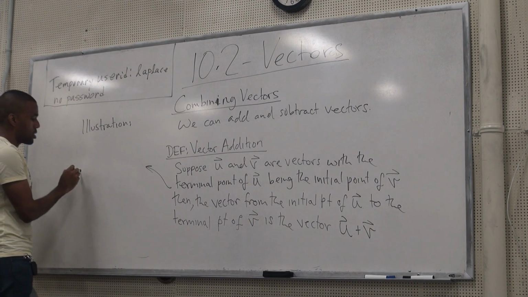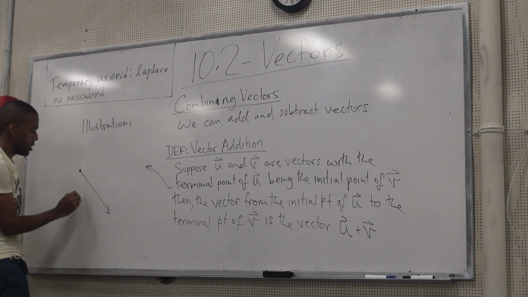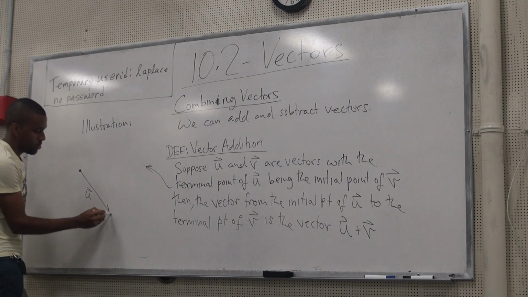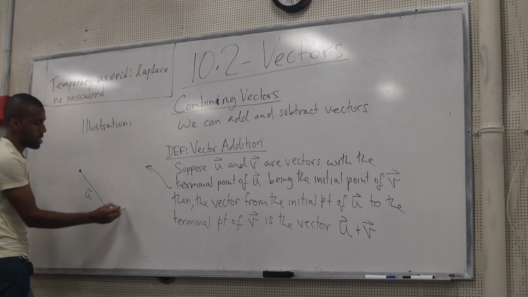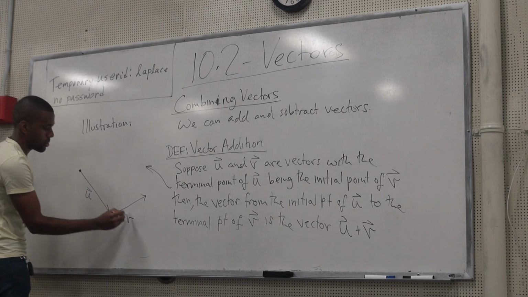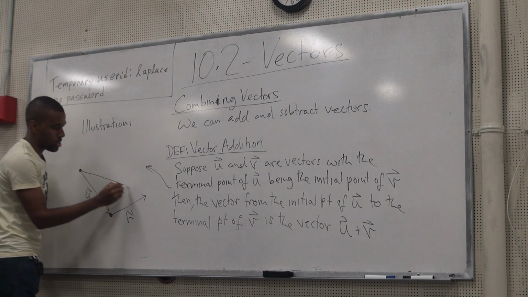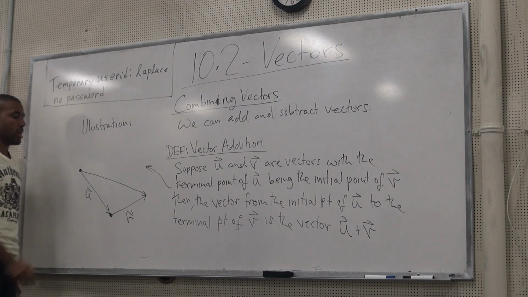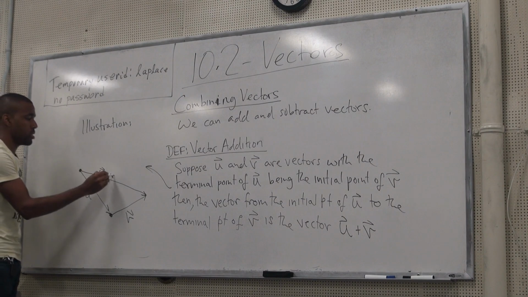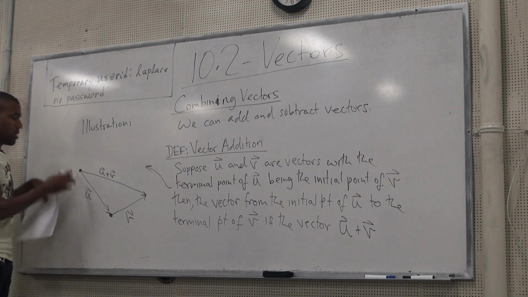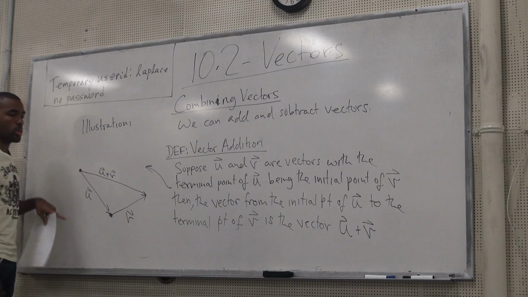So let's say I have a vector u doing this, and then it connects to another vector v doing something else. Then if I go from the initial point here and cut out the middleman, go all the way to that guy, this is the vector u plus v. So I've combined these two vectors into one larger vector.